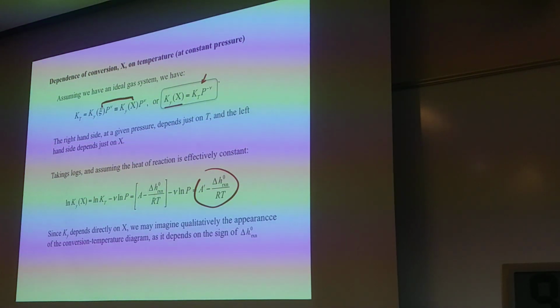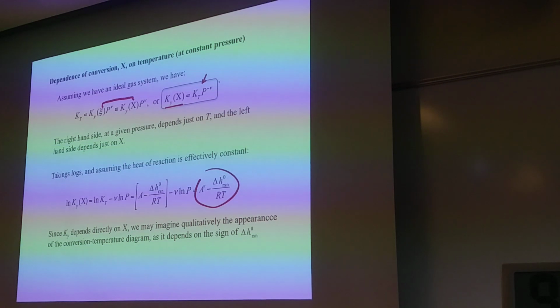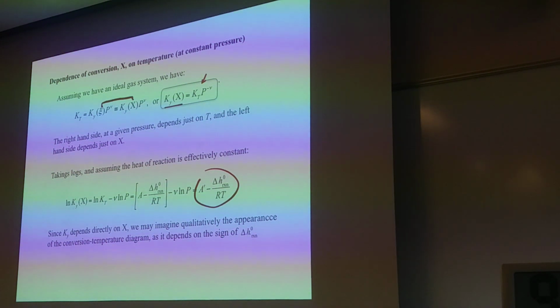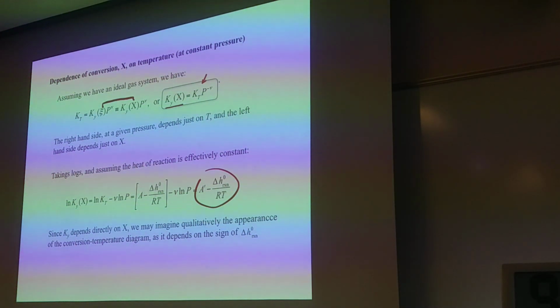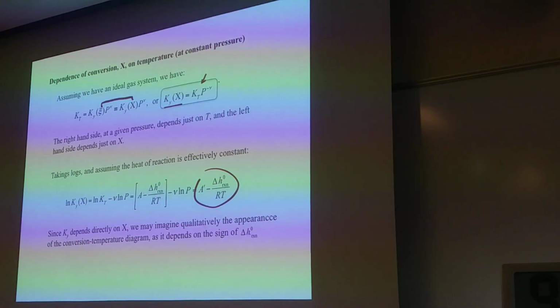Now what we note is that as X goes up, Ky goes up, or vice versa. So I'll notice that as Ky goes up here, that would go up with temperature if delta H is in fact negative, and vice versa. So right away we should get an idea that will allow us to write qualitatively valid looking equations for the conversion as a function of temperature.